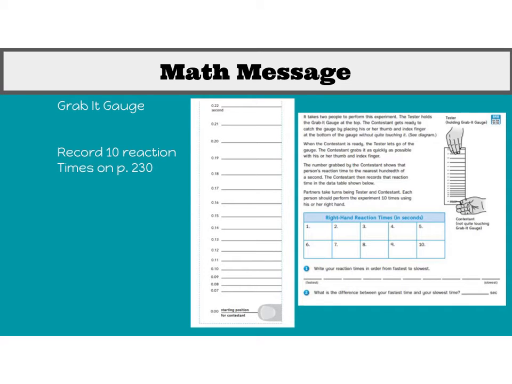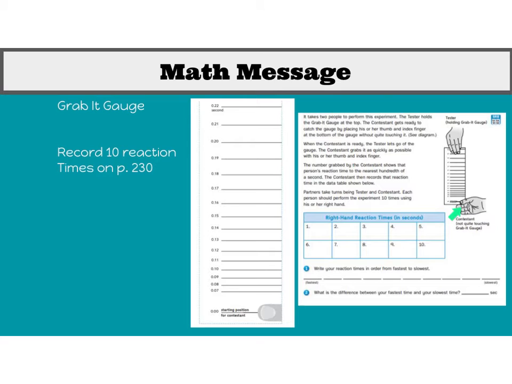So the activity itself says that it's going to take 2 people to perform the experiment. The tester is going to hold the grab-it gauge at the top, so you're going to look at the diagram here. The contestant gets ready to catch the gauge by placing his or her thumb and index finger at the bottom of the gauge without quite touching it. See diagram.